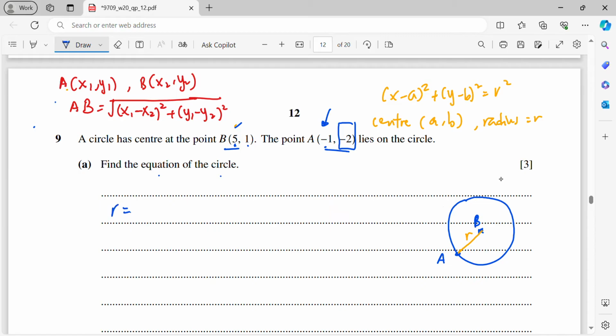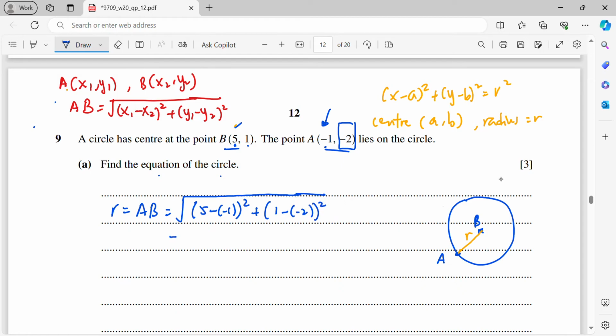So my r equals AB equals square root of, my x1 is 5, so (5 minus 1) squared, plus my y is 1, so (1 minus 2) squared.